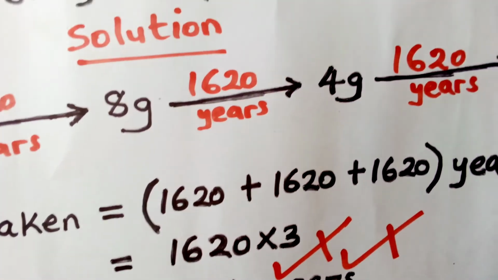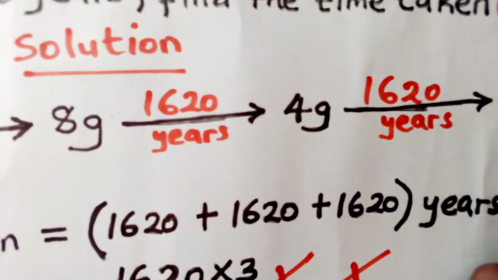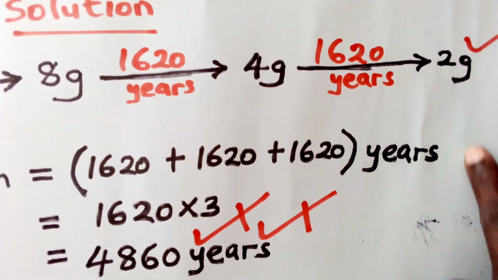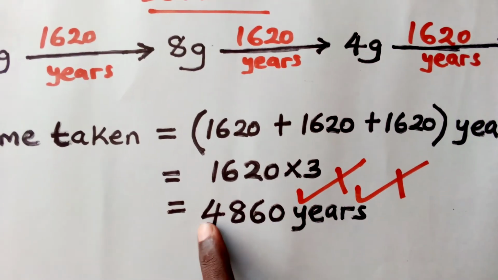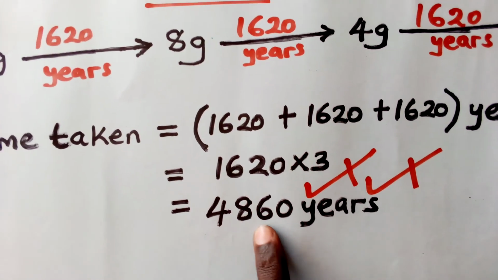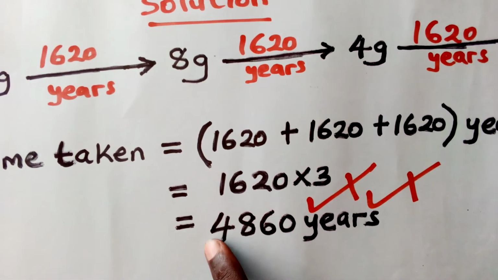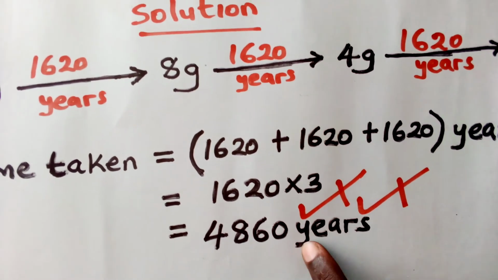How many marks were awarded? There were 2 marks. So one mark is for the working, then the remaining 1 mark you divide by 2: a half for the correct answer, which is 4,860, then the remaining half is for the unit, which is what?